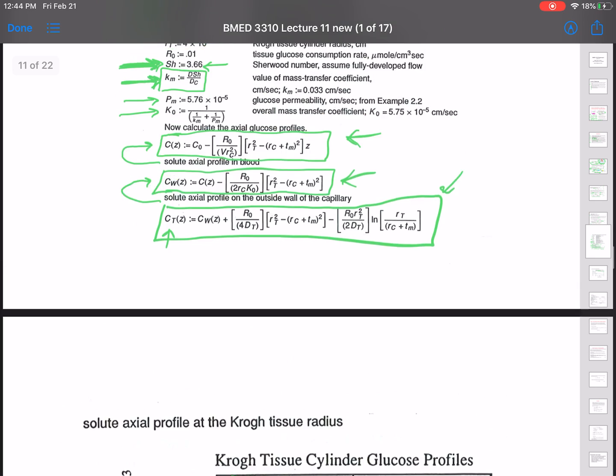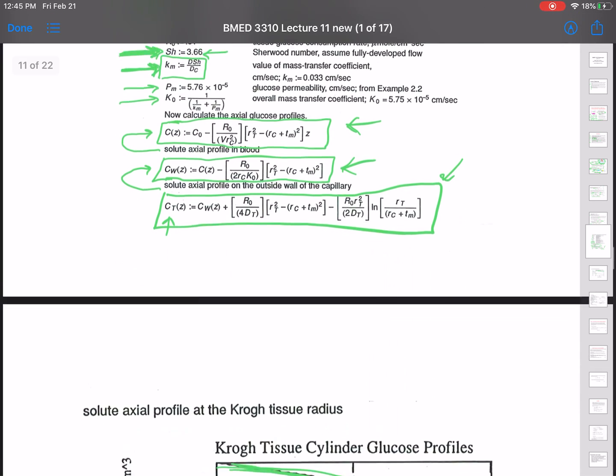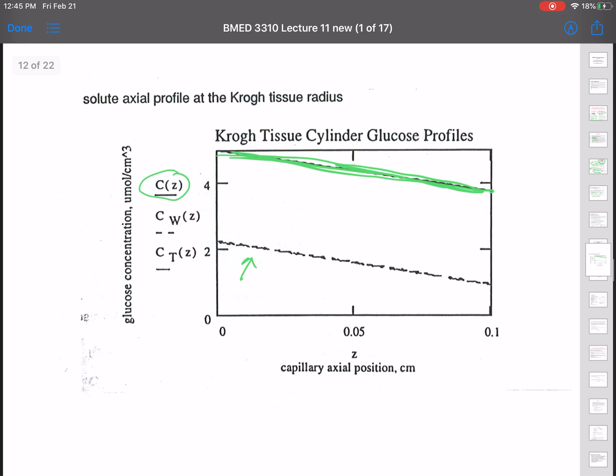Is that the substance that they put? Yeah, it was glucose. Oh, I was not thinking about that when I made up the capillary glucose in my arm thing. And R sub T for the capillary may be set up for something that's not as diffusible, if that's the proper word. Lower diffusion coefficient?